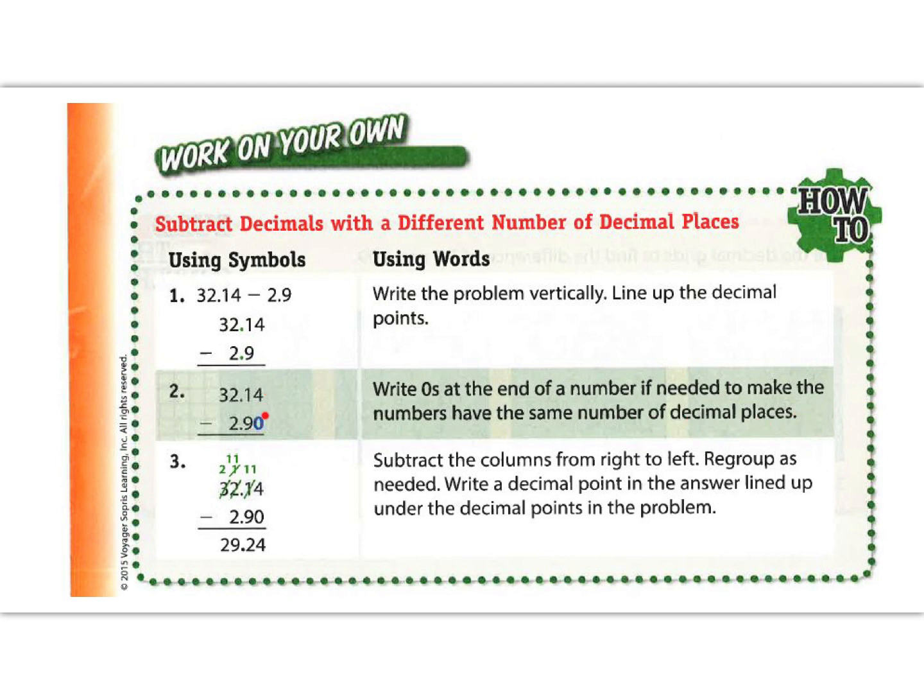So here, we needed to put a 0 there. You're going to subtract the columns from right to left, regroup as needed, write a decimal point in the answer lined up under the decimal points in the problem. So the decimal point in subtraction just follows straight down, just like in addition.